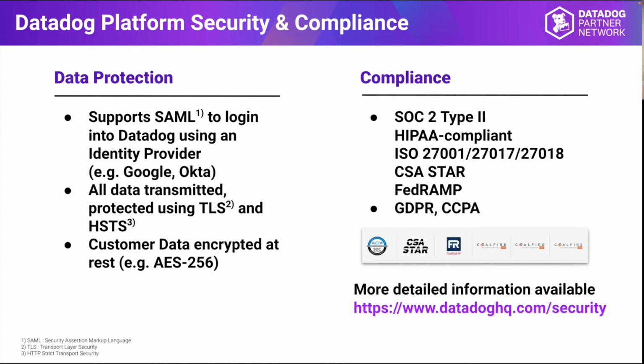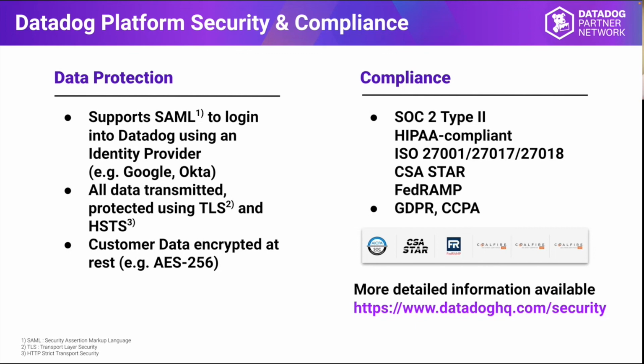from our customers. Datadog supports SAML to log into Datadog using an identity provider, which is IDP, such as Google or Okta. All data transmitted to the Datadog SaaS platform is protected using TLS and HSTS. And if encrypted communication is interrupted, the Datadog application is inaccessible.